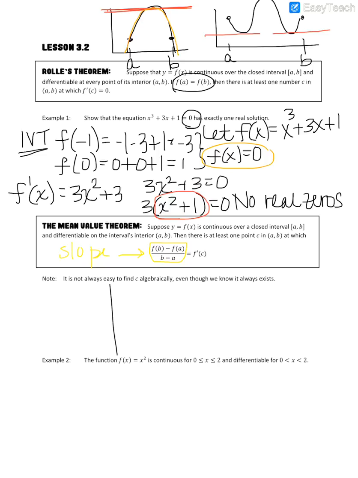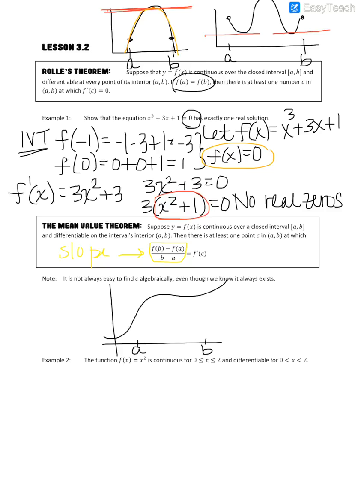Let's draw a picture to explain what the mean value theorem means here. Hang on, I'm going to go up a little bit so I have room. There we go. A and B. This is just some graph.